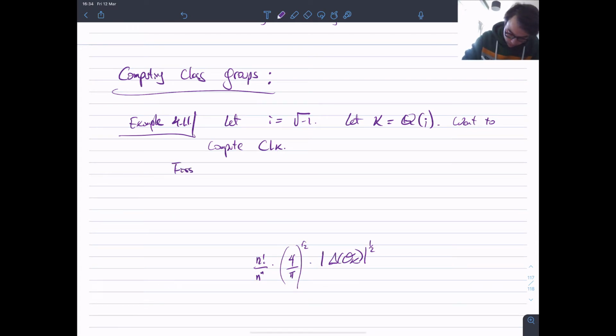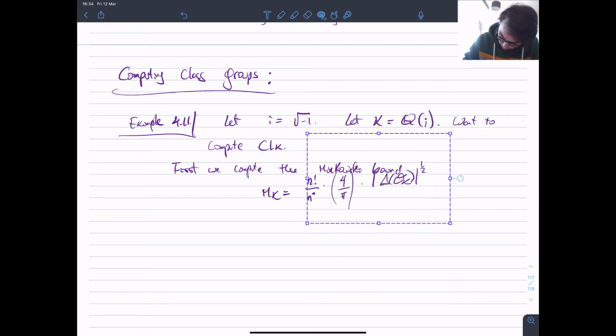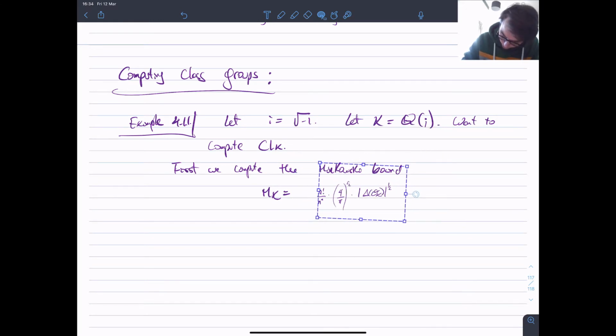First, we compute the Minkowski bound, M_K, which is equal to this thing.